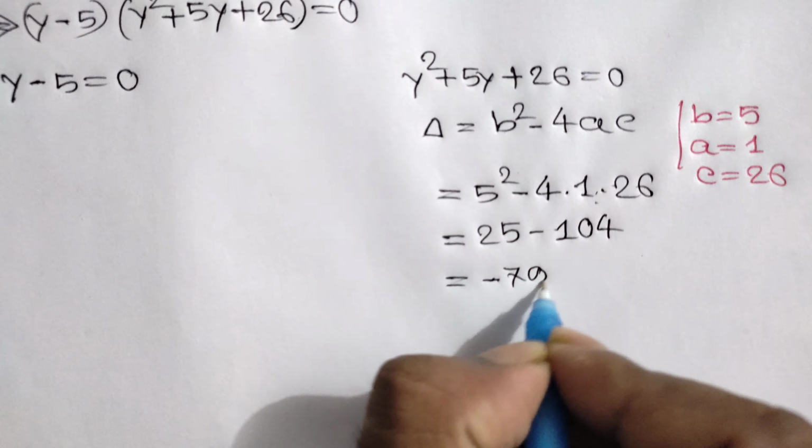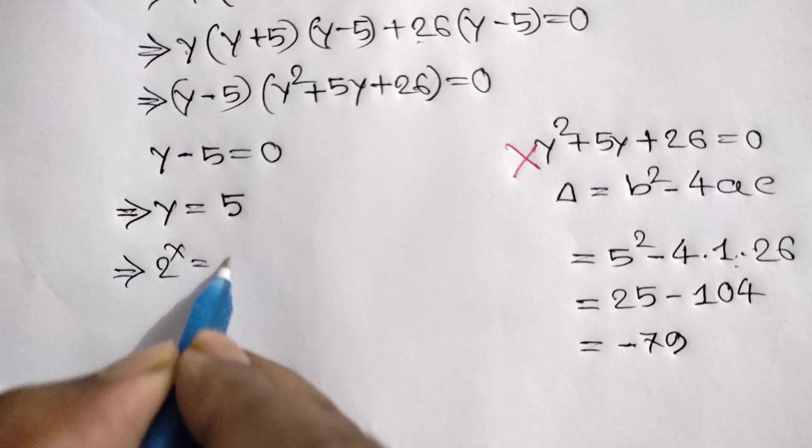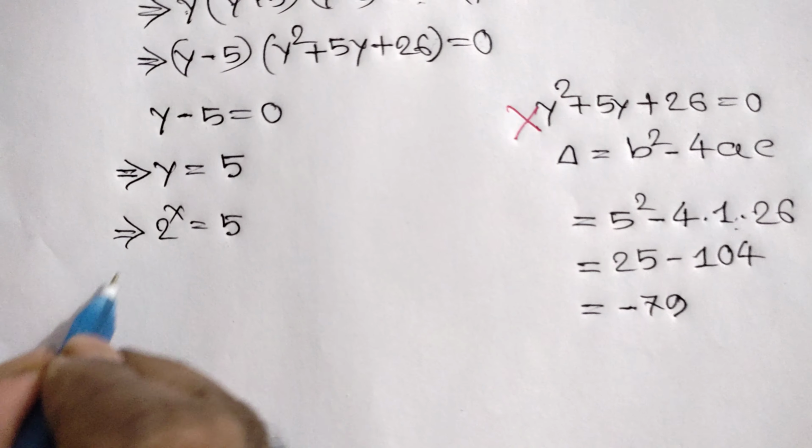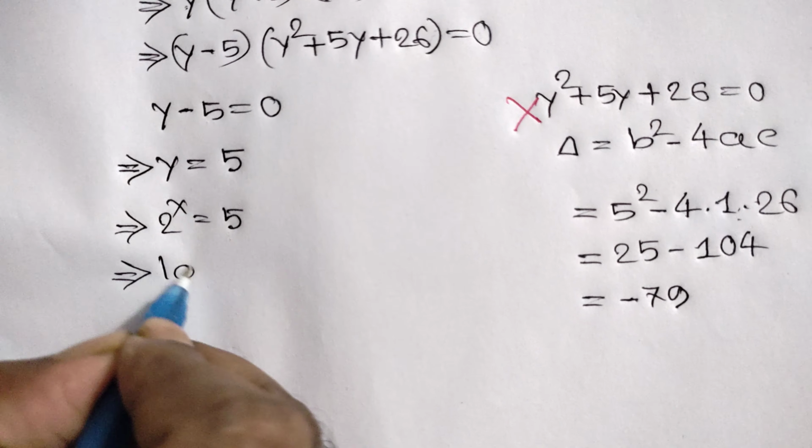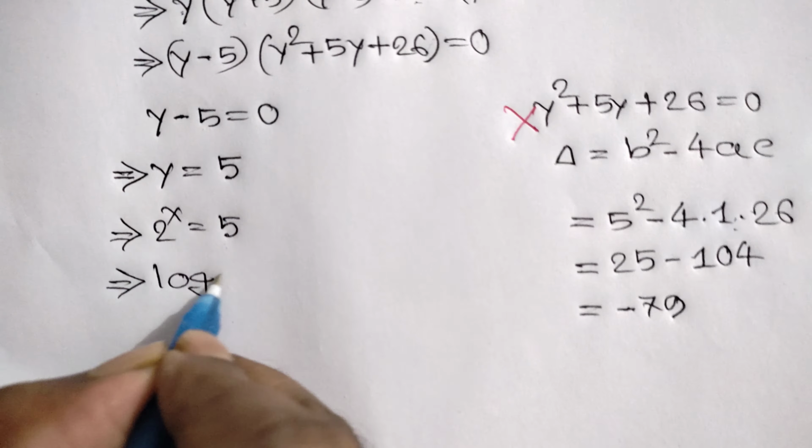But remember, let y is equal to 2 to the power x, so we can write here 2 to the power x is equal to 5. Now taking log on both sides, we can write log of 2 to the power x is equal to log of 5. Here we can use the logarithm formula, so this x moves here: x times log of 2 is equal to log of 5.